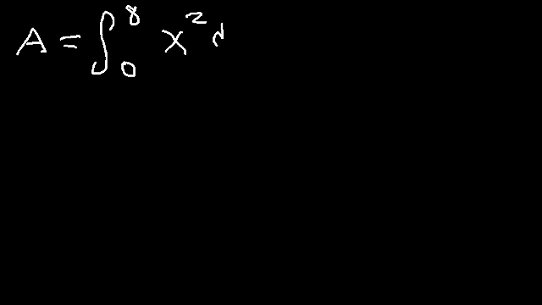Now let's say we wish to calculate the area of the function x squared from 0 to 8. We know that the area is basically the integral from 0 to 8 of x squared dx. Now let's get the exact answer using this process.